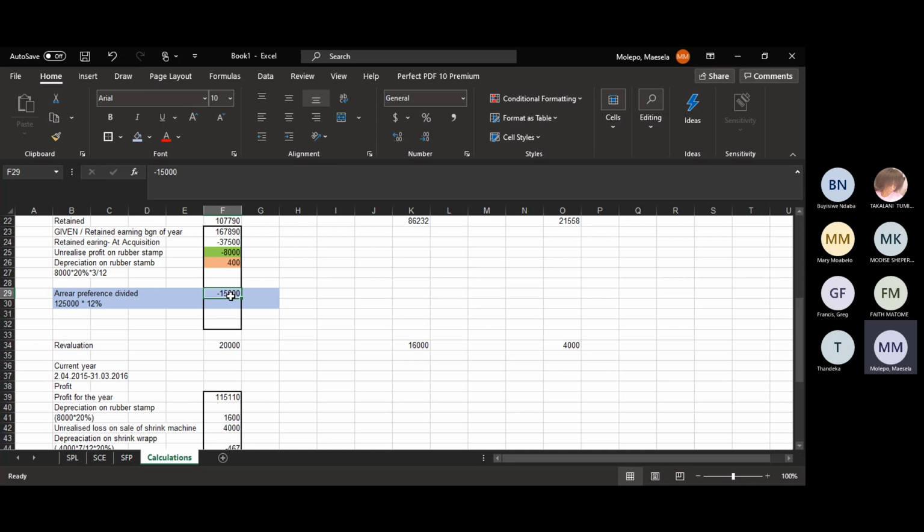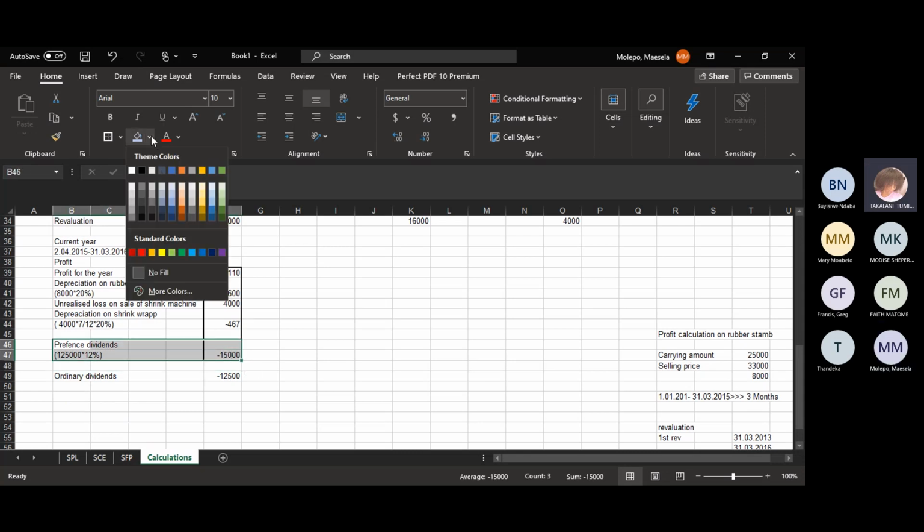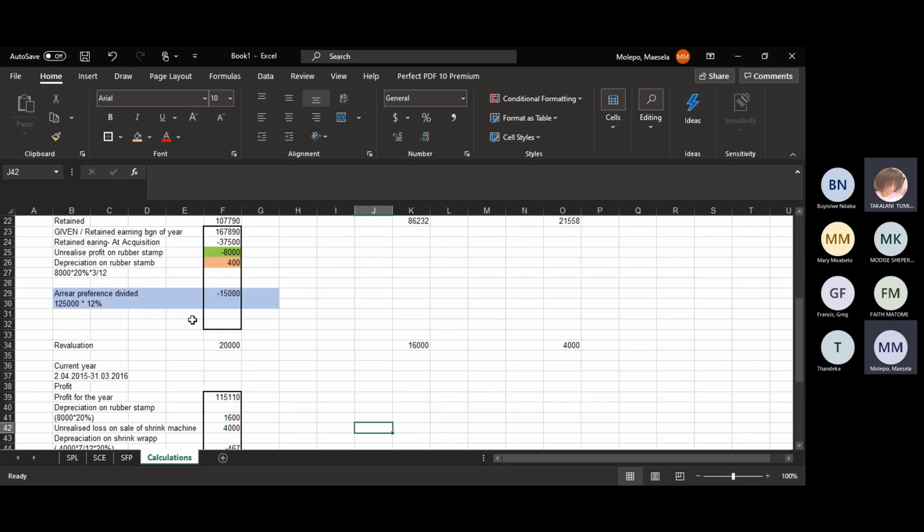The two 15,000, this one I'm pointing at in blue, and this one. If maybe in this additional information SIA only purchased the ordinary shares and not the preference shares. No, we're only going to have the one for ordinary alone, because SIA didn't purchase any preference.